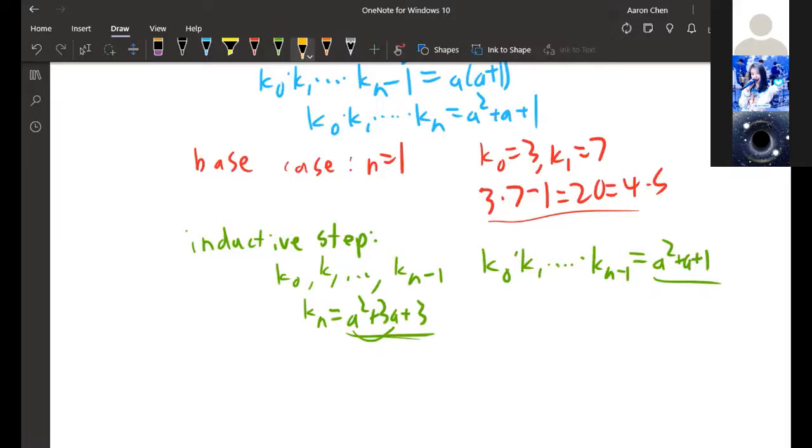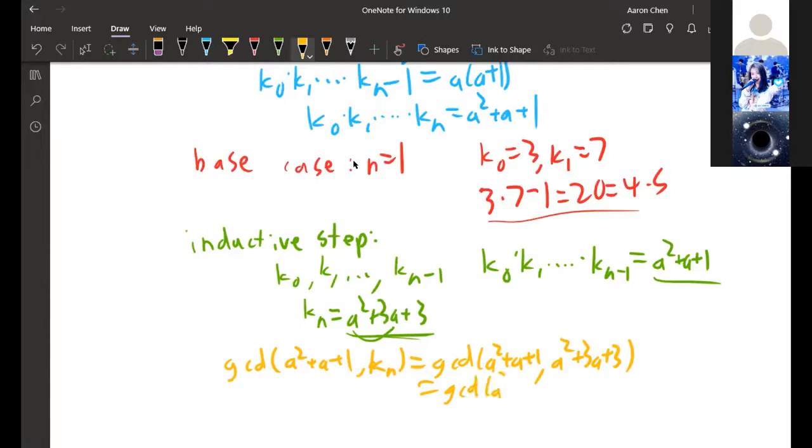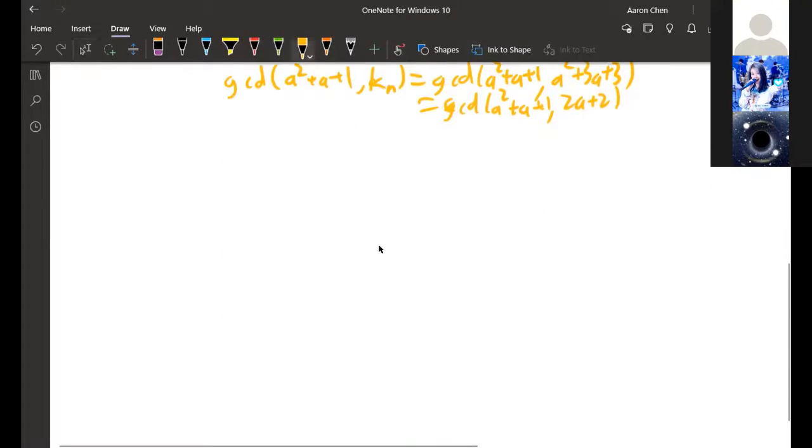So after this, first of all, the GCD of a squared plus a plus 1 and kn is equal to the GCD of a squared plus a plus 1 and a squared plus 3a plus 3, which is equal to the GCD of a squared plus a plus 1 and 2a plus 2. And a squared plus a plus 1 is equal to a times a plus 1 plus 1.